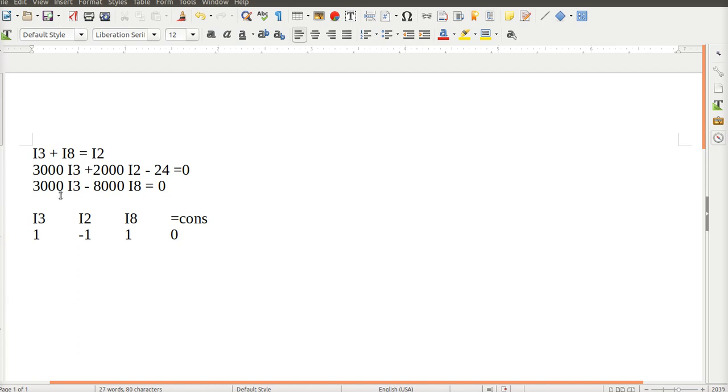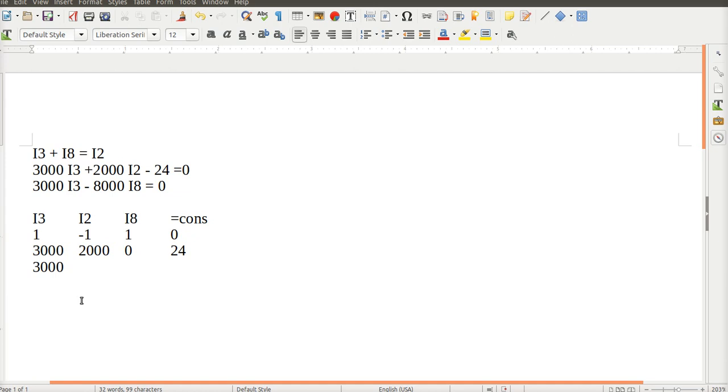Going to the second equation, I'm looking at the coefficients. 3000, 2000. There is no I8 term, so its coefficient has to be 0. And then my constant is 24. And then for my third equation, my I3 term is 3000.